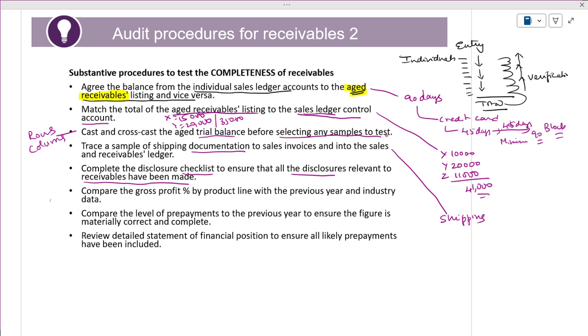What happens? Complete the disclosure checklist. Whenever a sales invoice or a purchase invoice is raised, it will be prepared as per the 4 copies. This is a standard procedure.